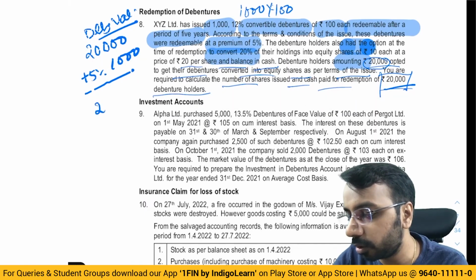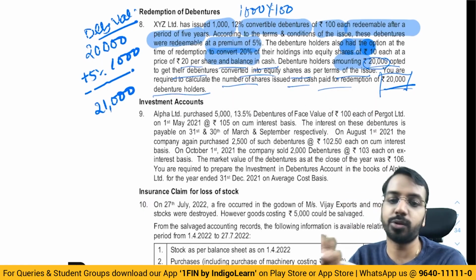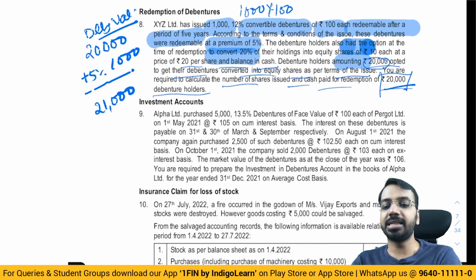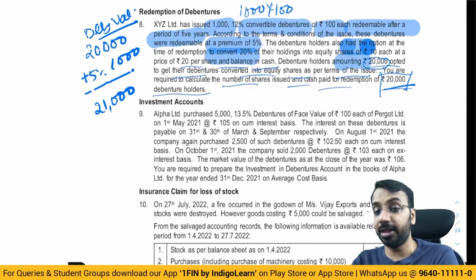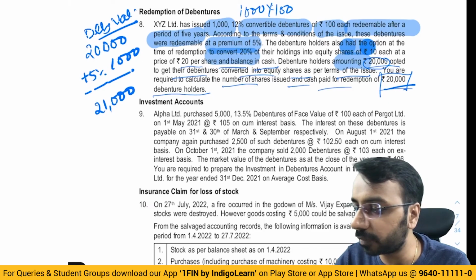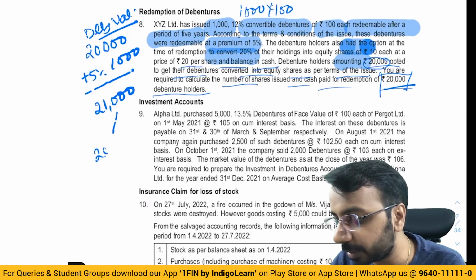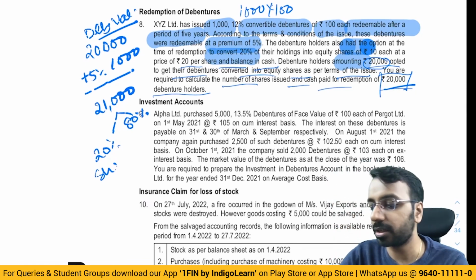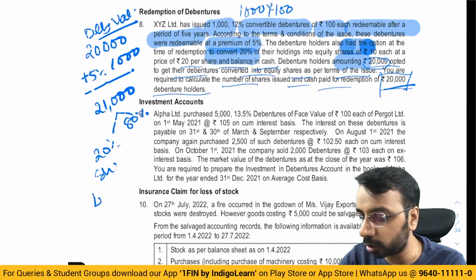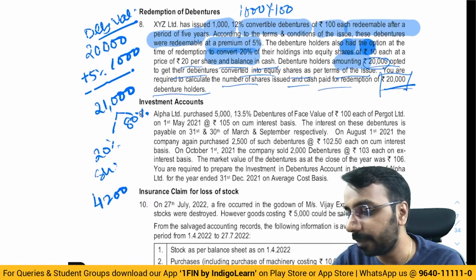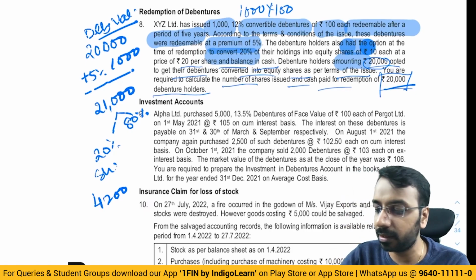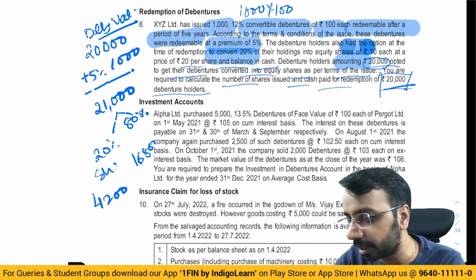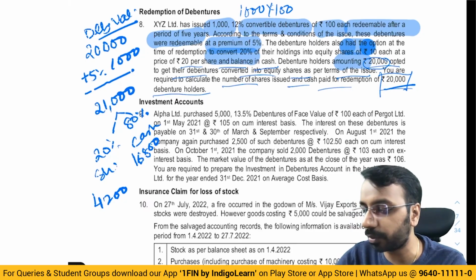Total value will be 21,000, right? 21,000 is the value that has to be redeemed or given. Now, out of this, you can take 20% in shares and 80% in cash. 20% in shares means 4,200 in shares and the balance, 16,800, in cash. So this is the cash component.